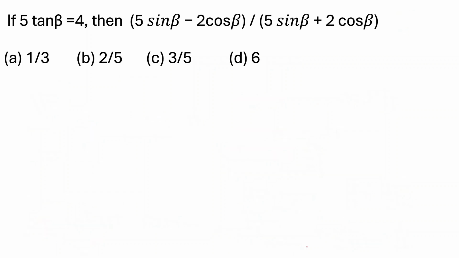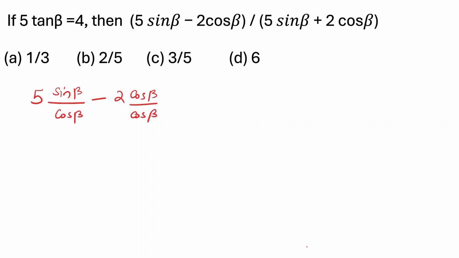If 5 tan beta equals 4, then find (5 sin beta minus 2 cos beta) divided by (5 sin beta plus 2 cos beta). So we can write that instead of 5 sin beta, I can write 5 sin beta divided by cos beta, minus 2 cos beta divided by cos beta.